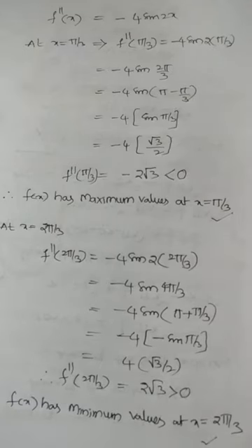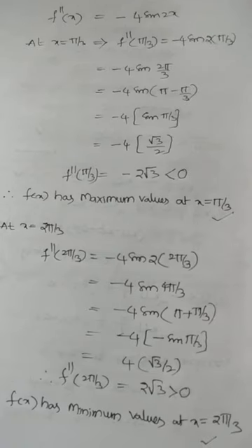But once we observe our domain, it is between 0 and π. On that interval, the problem is asking about the global maximum and minimum, that is, the absolute maximum and absolute minimum. Do these two represent the absolute maximum and minimum, or the local maximum and minimum?